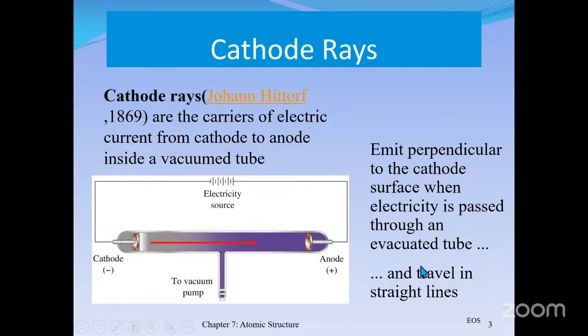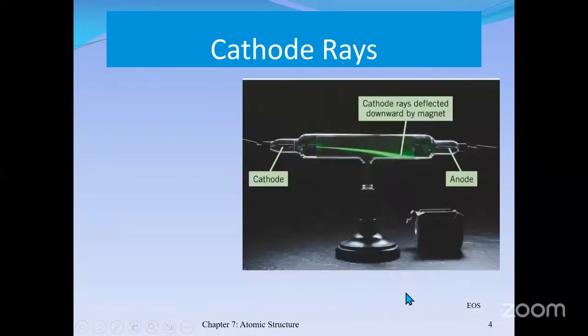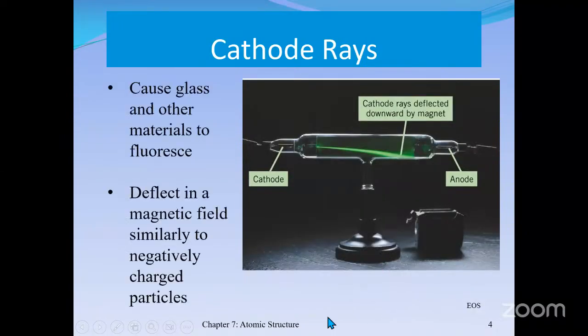Other people started doing modifications of this experiment to see what the nature of these particles are, apart from the fact that they're negatively charged. What was discovered, for example, was that the rays, which were called cathode rays, a stream of particles, can be deflected by the presence of a magnetic field and also by an electric field.